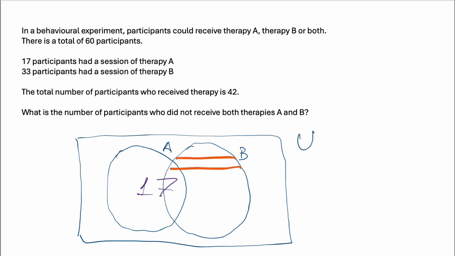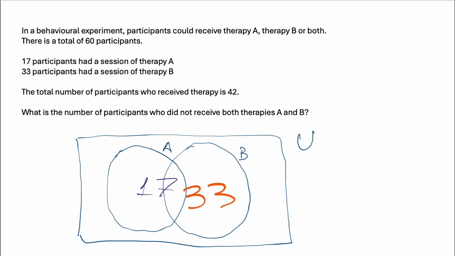Again, B can be all of this, right? So it can include this intersection. So the way I like to put the number is, well, I come here and I put, well, this is 33.